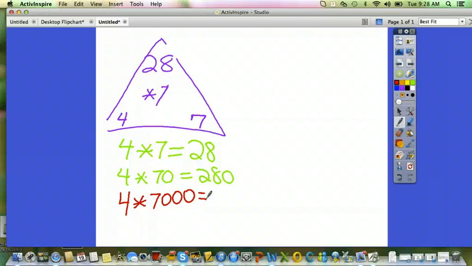How many zeros am I going to have? Let's start with that. Not 2. How many do I have here? Count them with me: 1, 2, 3. So I've got 3 zeros. I'm going to drop them over here. 28,000. And now 4 times 7 is 28. Good. 28,000.